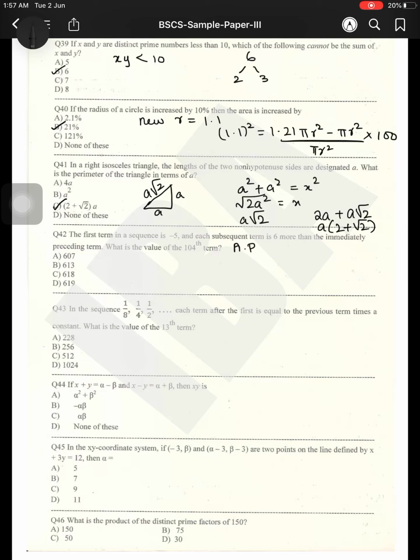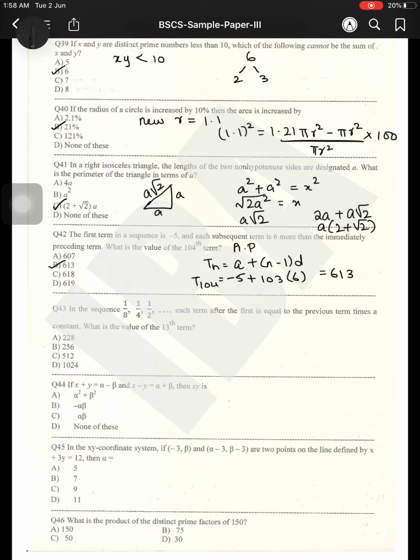Arithmetic progression, so it should increase by the same amount each time. The formula for the nth term is a plus (n minus 1) times d. Here a is the first term, so it's minus 5, plus he's asking about the 104th term. 104 minus 1 is 103, and the difference each time is 6.